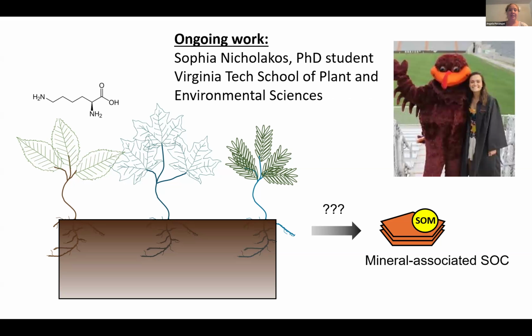This project is now leading to the PhD work of a PhD student at Virginia Tech, Sophia Nikolakis. She's mostly interested in how gradients in organic nitrogen chemistry in cover crops could impact the formation of mineral-associated organic carbon.